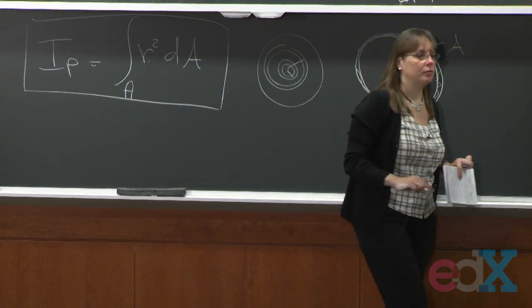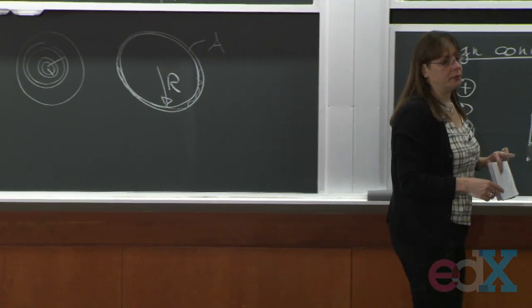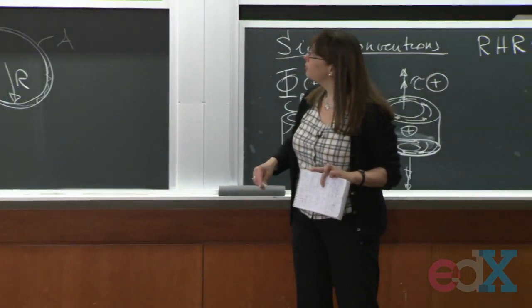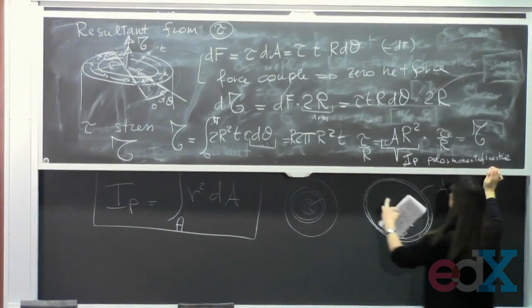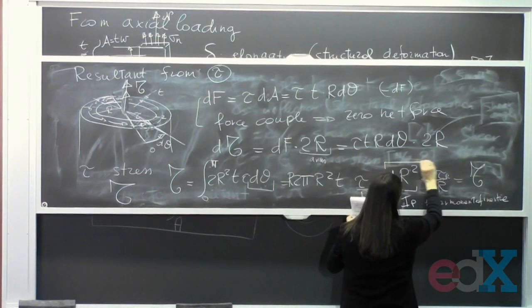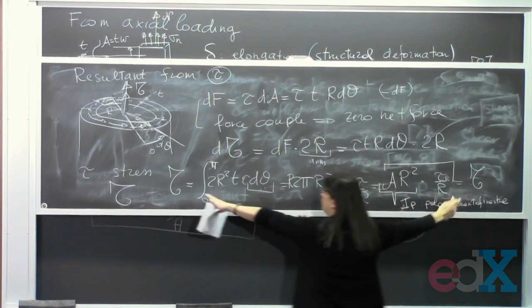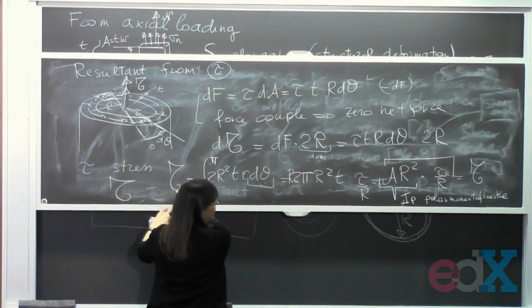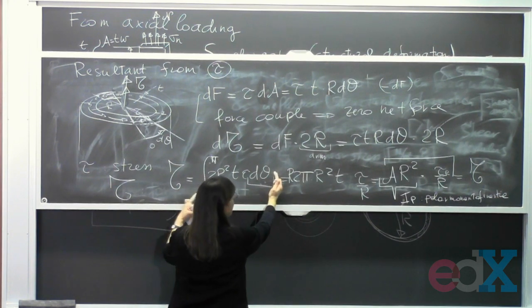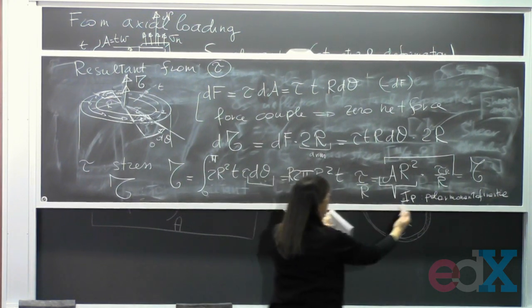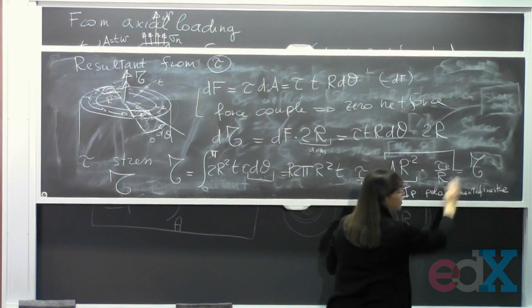Yes? You said tau over r is equal to... No. A r squared times tau over r. This is just the same thing. Tau is equal to this integral that gives me this expression. I can write this expression like this, and this gives me again tau.